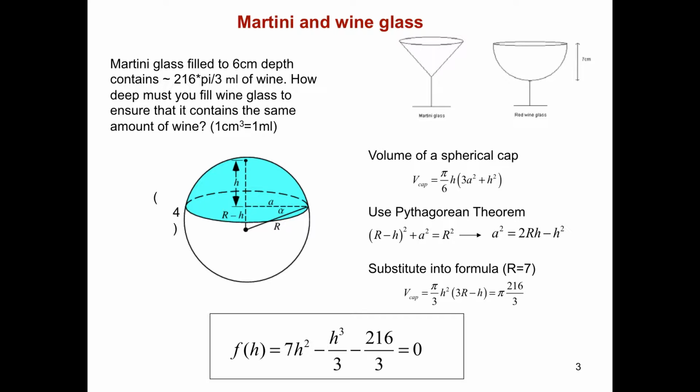So basically the result, I'm looking for h where this formula is equal to the volume I'm after, which is pi times 216 over 3. Now you can see actually why I gave myself a volume that has a pi inside so that things cancel. So there was a little bit of modeling in the process, and you kind of had to do that. Come up, is the glass perfectly spherical?